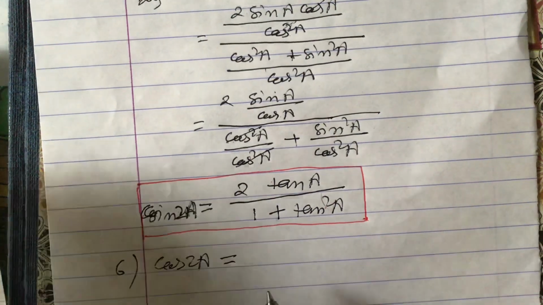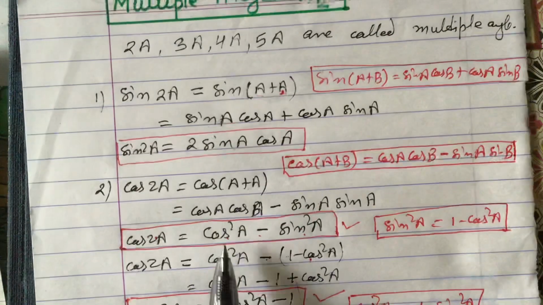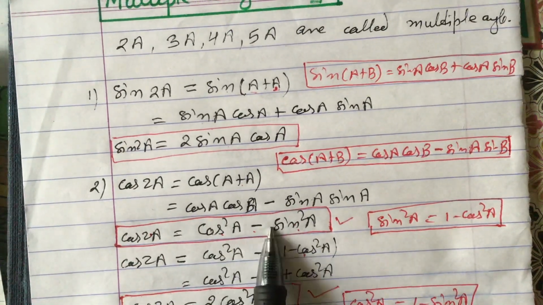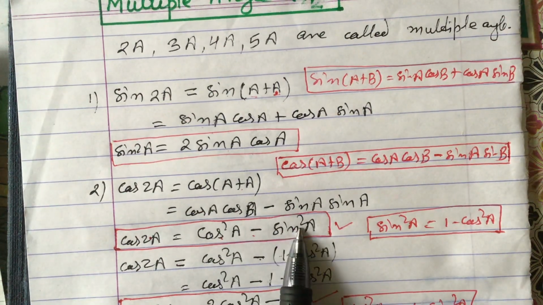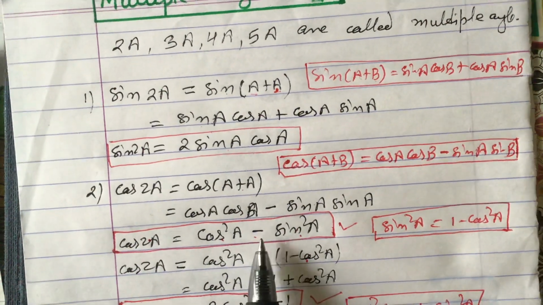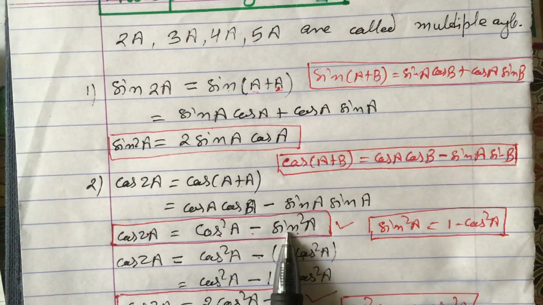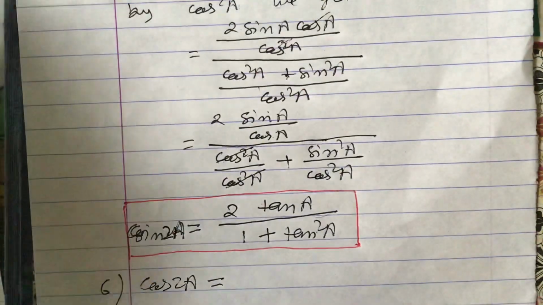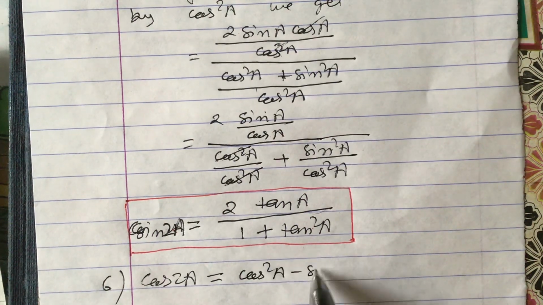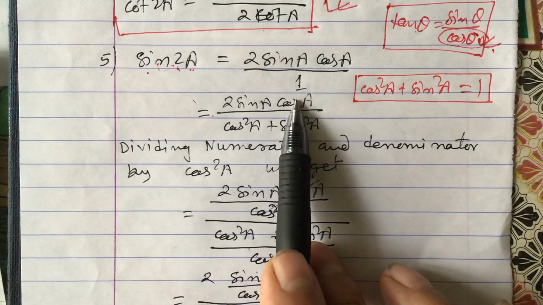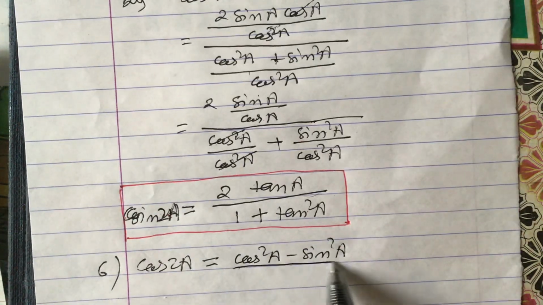Cos 2A equals, already we have derived the formula here in terms of cos and sine. Look at it, this also was in terms of sine and cos. Here also we will take it in terms of sine and cos, not the other two, because we have to get tan. So now this is the formula of cos 2A: cos square A minus sine square A. In this, we can divide also by 1.